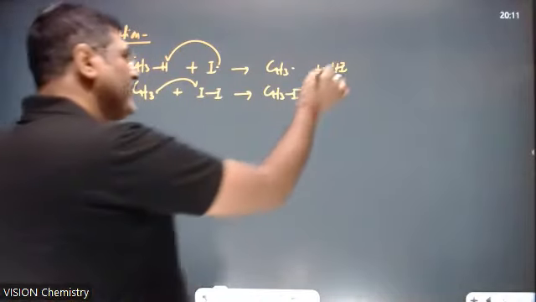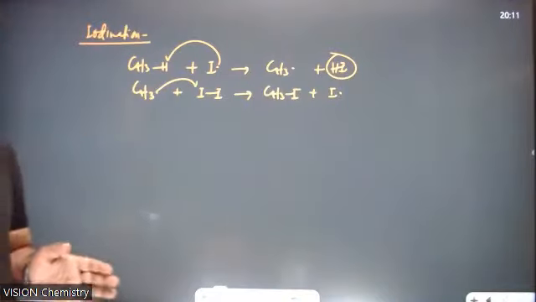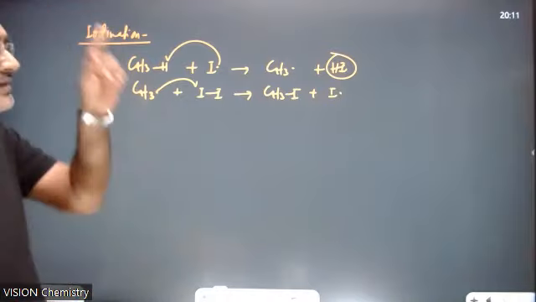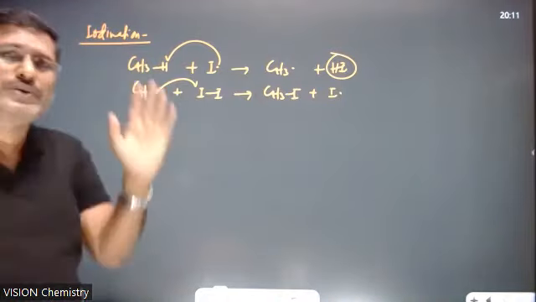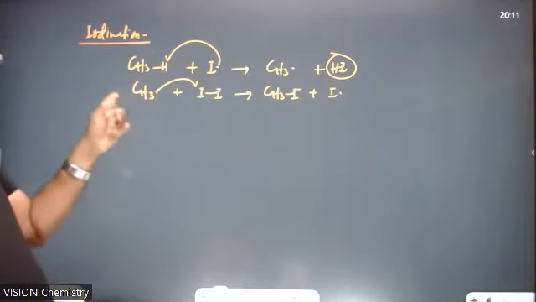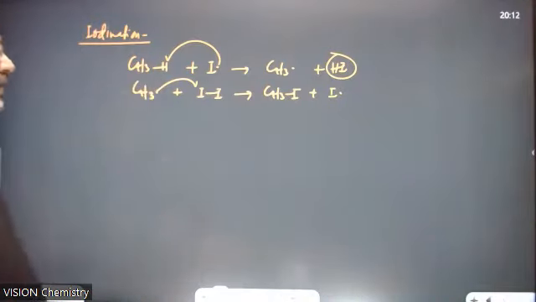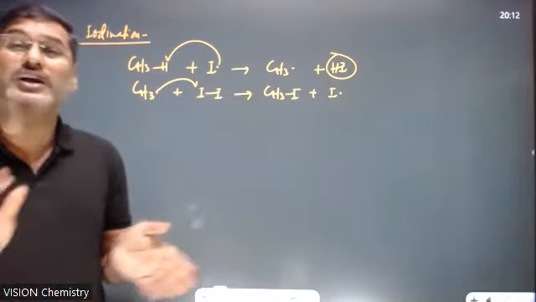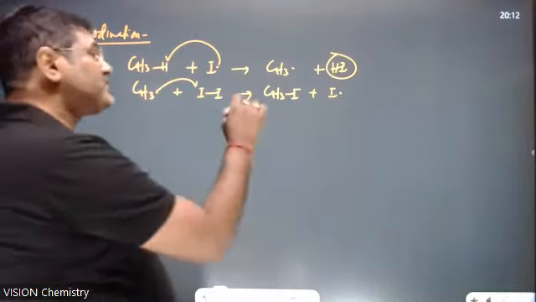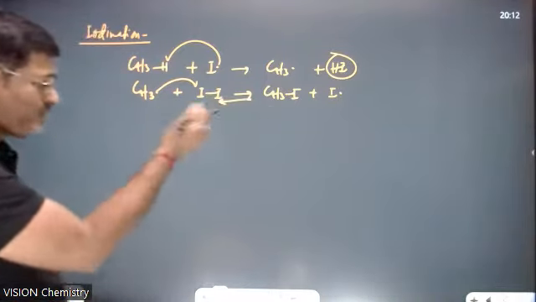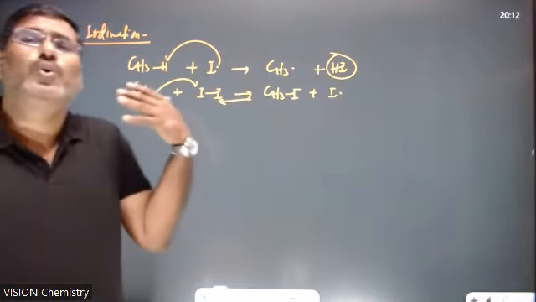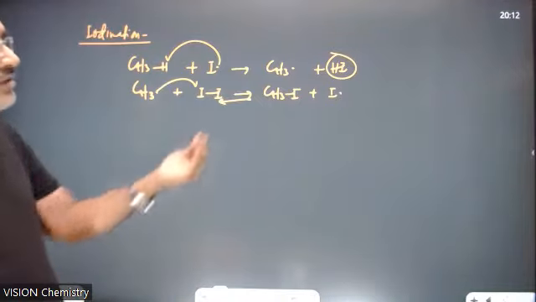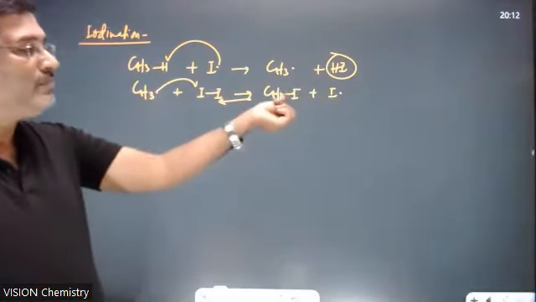The first step is endothermic, because HI is a very weak bond, and very little energy is released, which is less than the energy required for CH bond dissociation. So it is endothermic. The second step is also endothermic: CI bond is also a weaker bond, so there is not much tendency. In this case, the reverse step is more feasible, spontaneous, energetically favorable, so the I free radical that forms will combine to form I2.